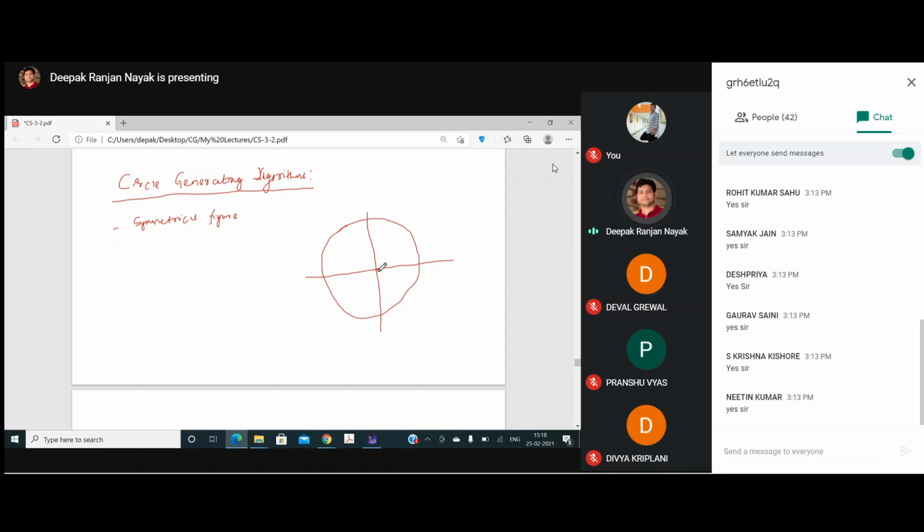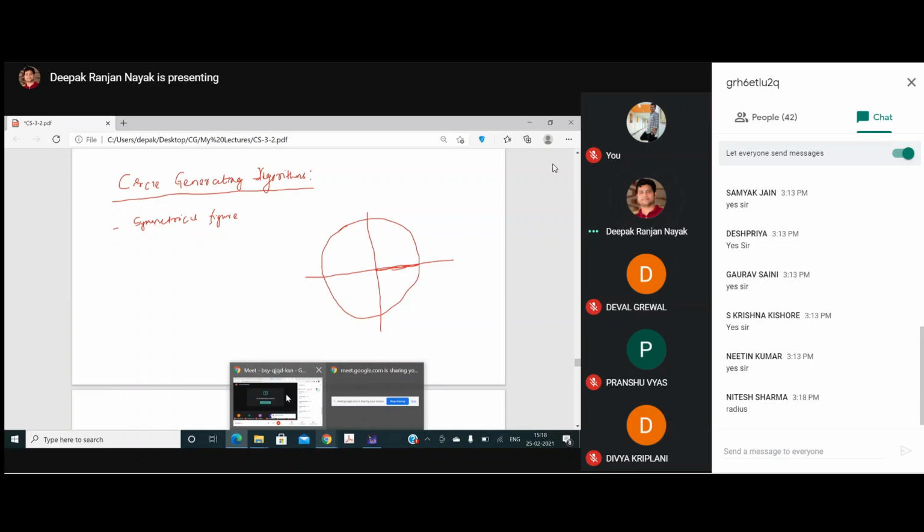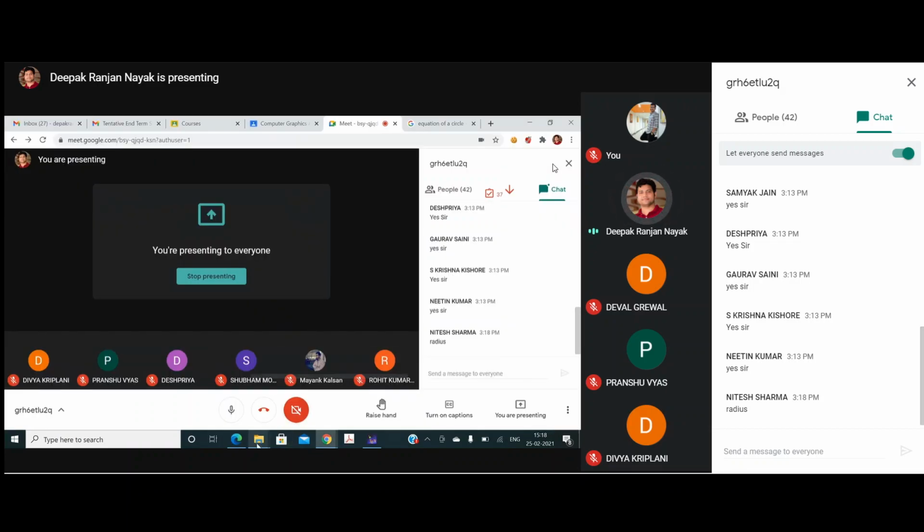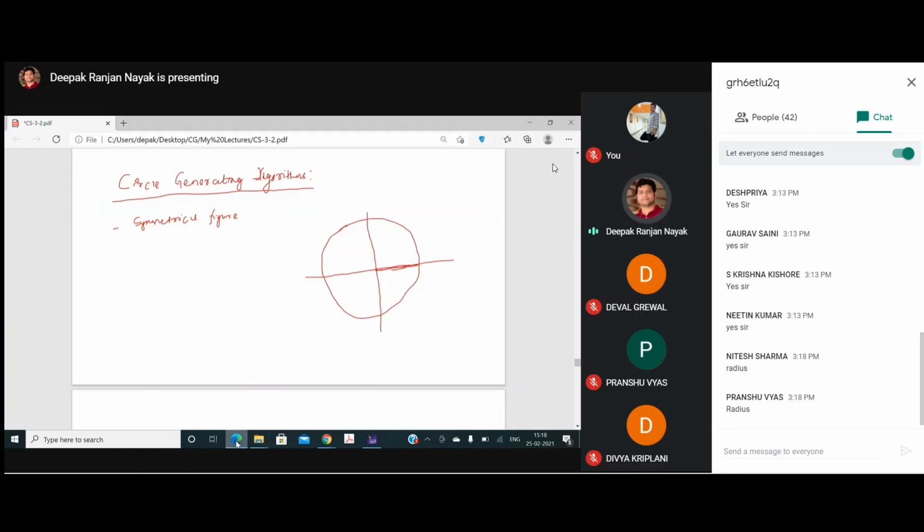And what is this? From this point to any point on the circle, what do you call it? Radius, right? Then I'll ask you the formulae for generating circle and for the circle equation, later on. I just want to show you the property now.